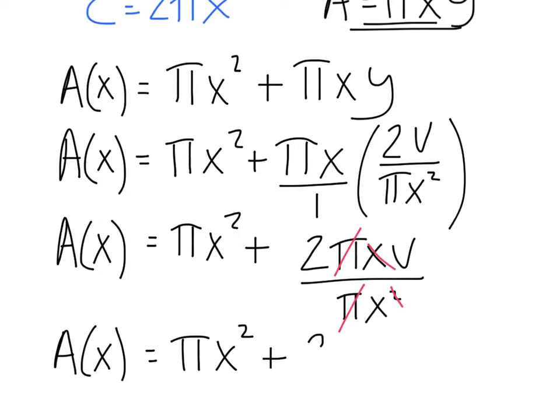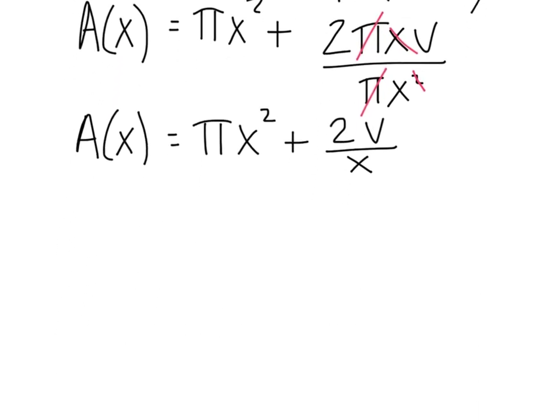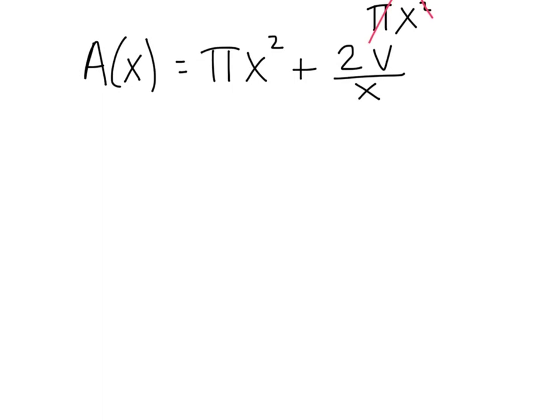plus 2v over x. We noticed earlier on that our volume was given in litres, which we then changed to cubic centimetres. The volume was 7,200 cubic centimetres, so we'll substitute that in for v.